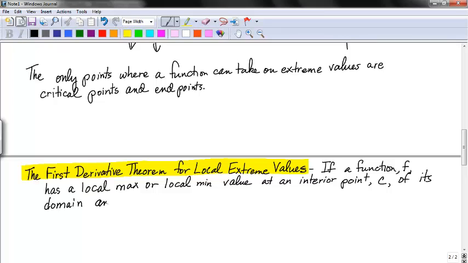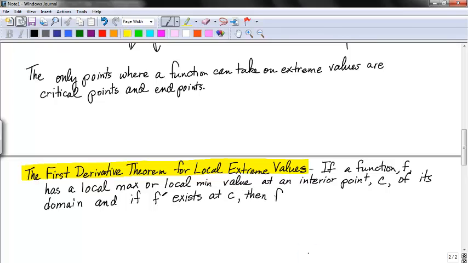and if f prime, the first derivative, exists at c. So that's telling you over an interval, if there is a local max or a local min and the derivative exists, then what does that derivative equal?